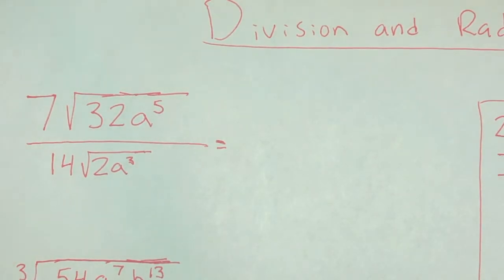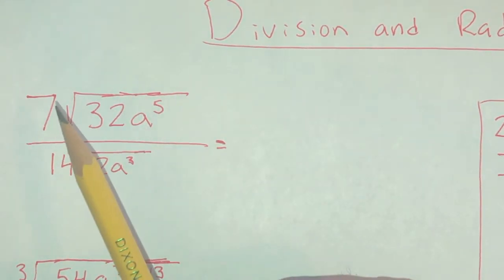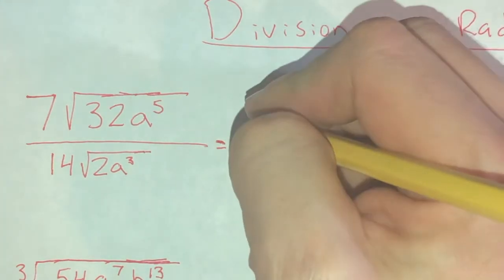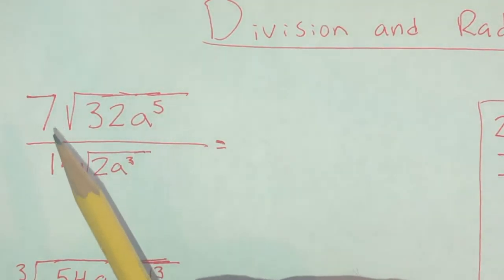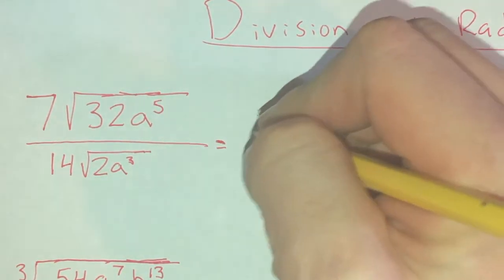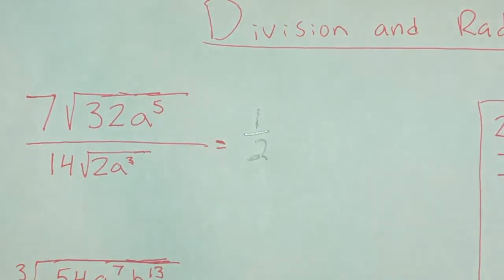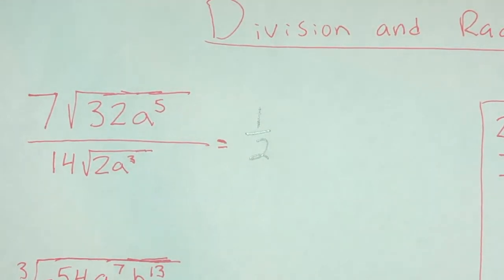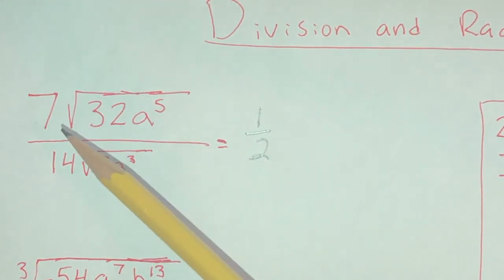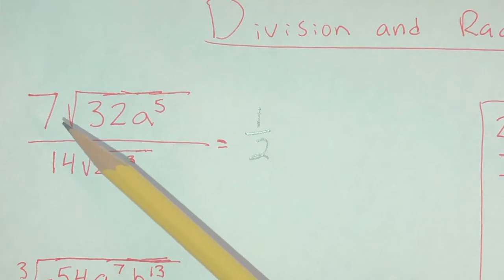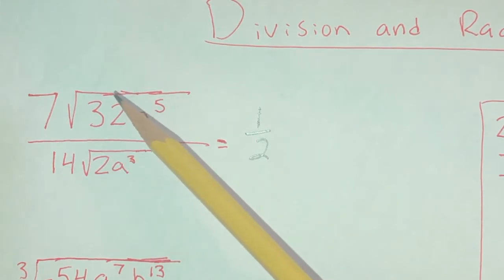So the first thing I'm going to do again is simplify. I'm going to work on the numbers. I've got a 7 and I've got a 14. It's going to simplify as 1/2. I'll do it in pencil and then trace it over so you can see our final answer, but mistakes are okay. Now I'm going to look at the roots.